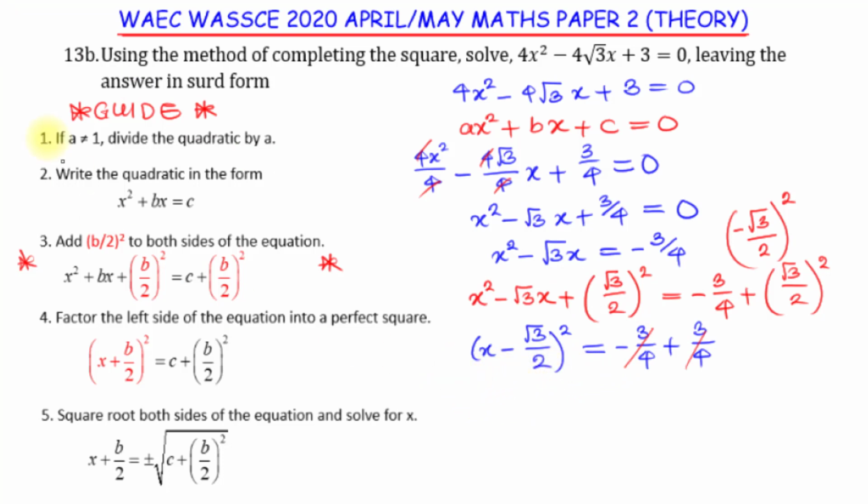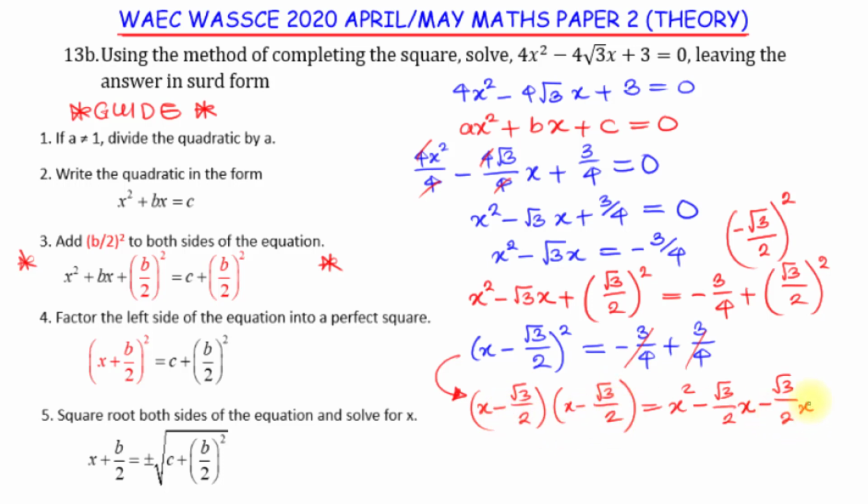Originally, if you expand this, it is x minus root 3 over 2 multiplied by x minus root 3 over 2. Expanding that, x times x is x squared, x times minus root 3 over 2 is minus root 3 over 2x, then again minus root 3 over 2 times x is another minus root 3 over 2x, then minus root 3 over 2 times minus root 3 over 2.